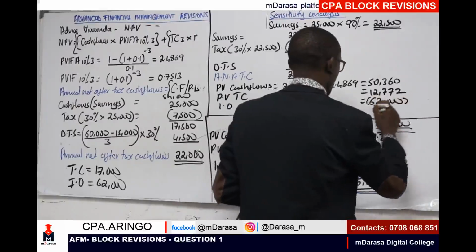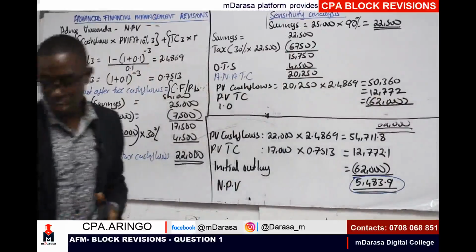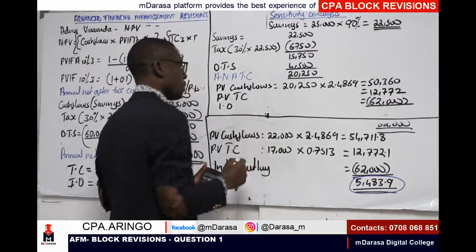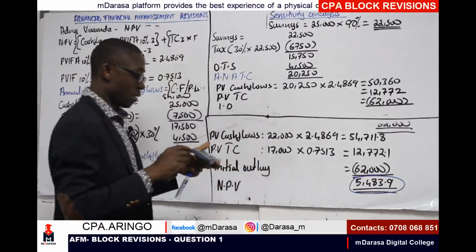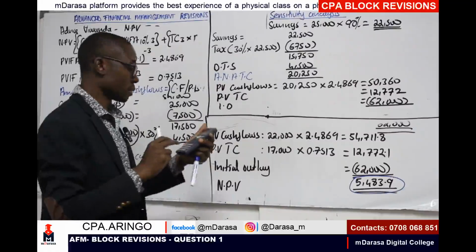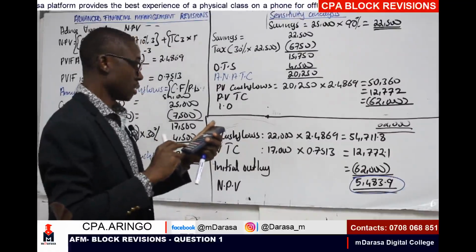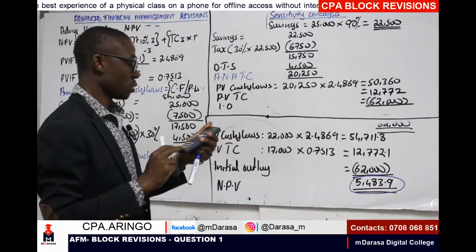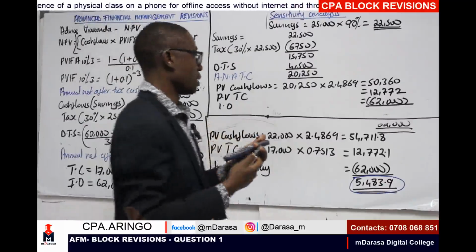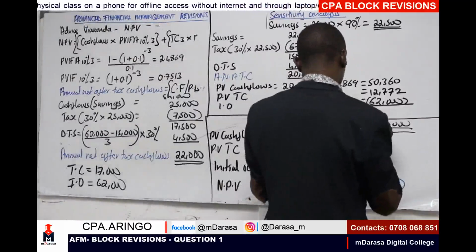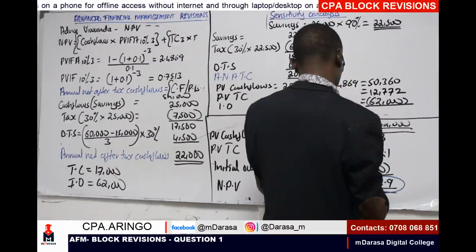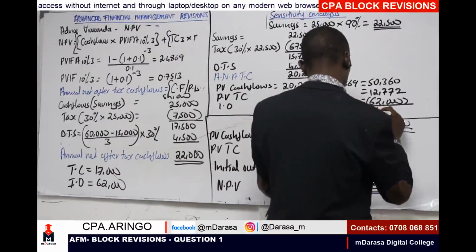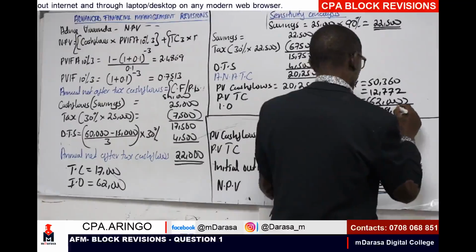So that is to say, our NPV, how much should I be having? 50,360 plus 12,772 to give us basically 63,132. That is 63,132 minus 62,000.